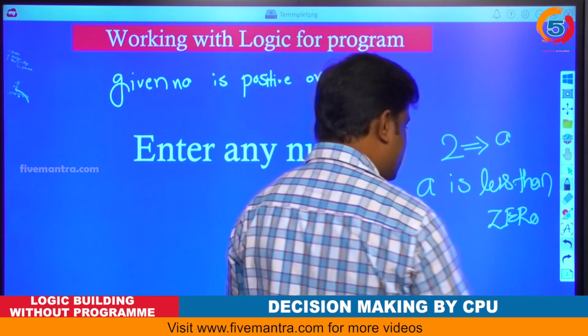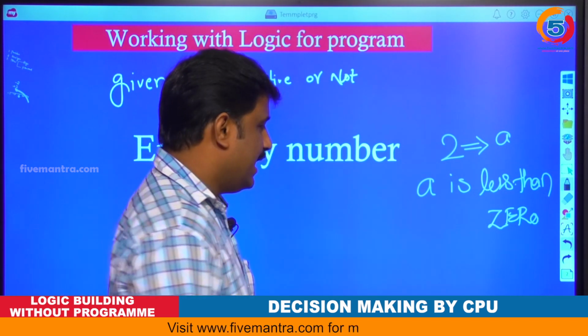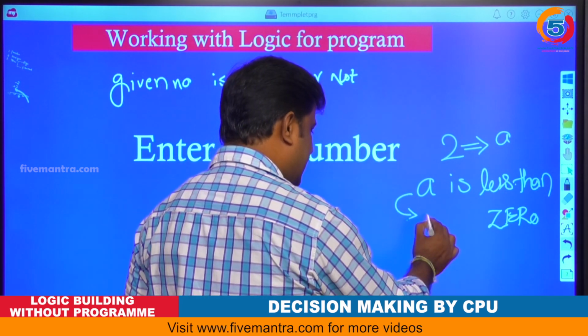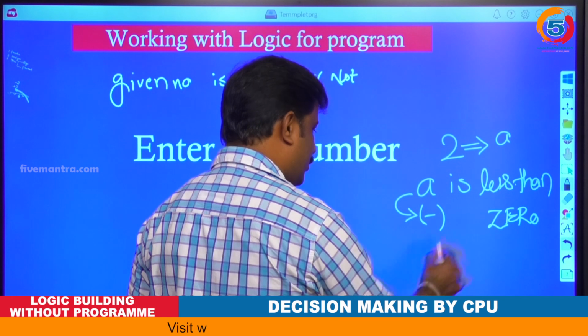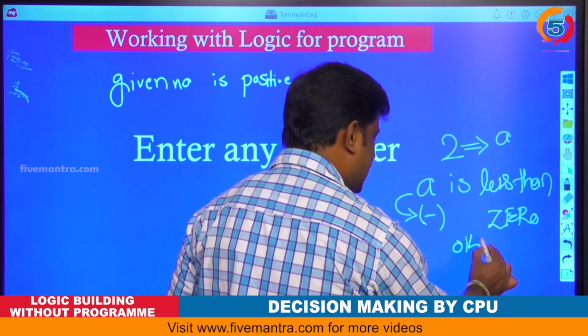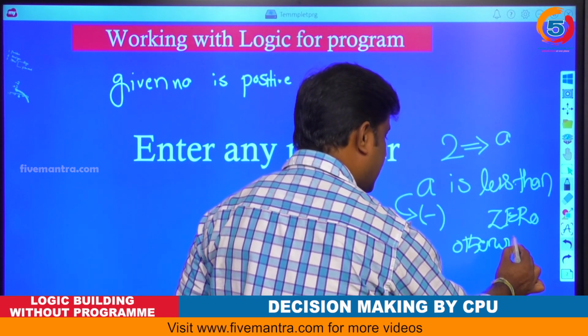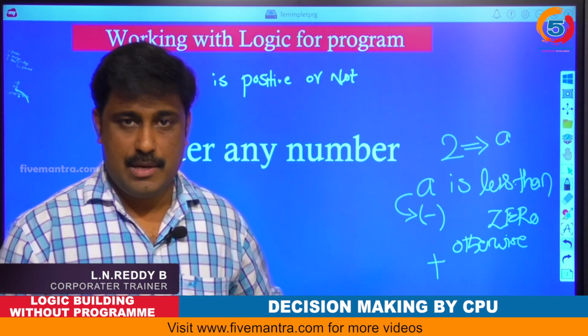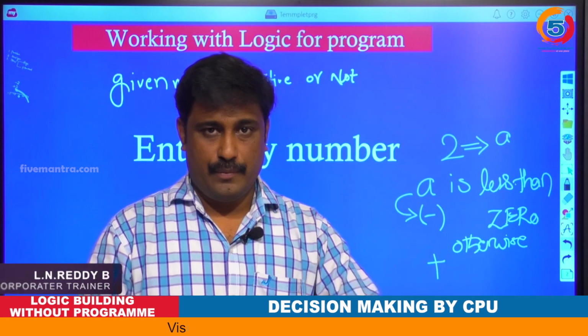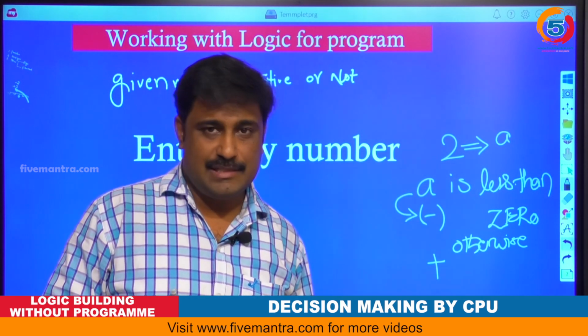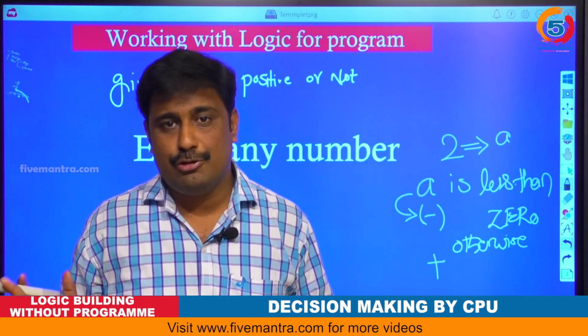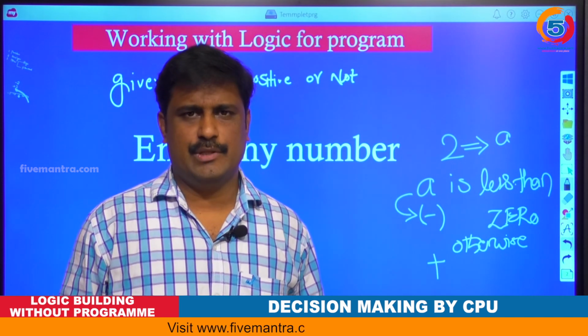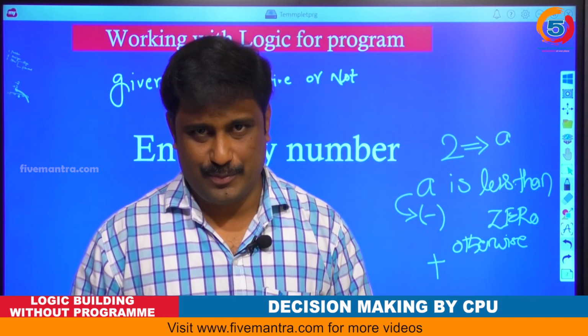Less than 0 means a is negative, right? Otherwise, it is positive. Only two things we have, right? We'll compare with the 0. If it is greater than 0, it is positive. If it is less than 0, it is negative. We know the solution. Now we have to write the program.